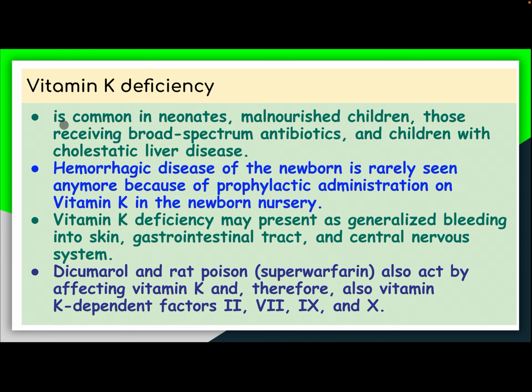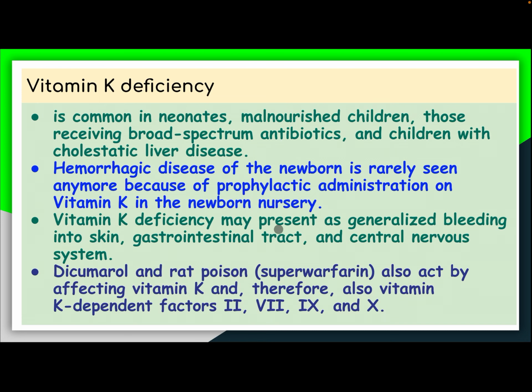Vitamin K deficiency is common in neonates, malnourished children, those who received broad-spectrum antibiotics, and children with cholestatic liver disease. Hemorrhagic disease of the newborn is rarely seen anymore because of prophylactic administration of vitamin K in the newborn nursery.